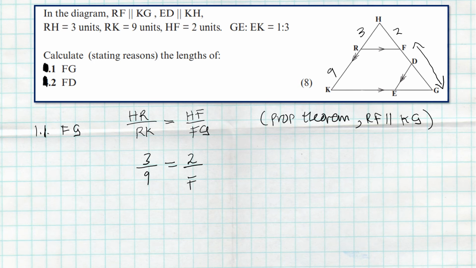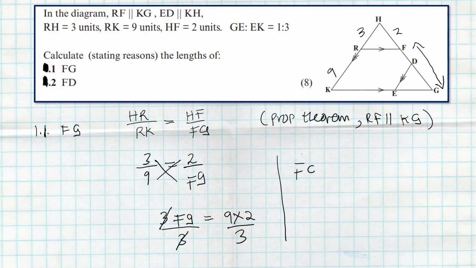Then we can solve for FG by cross multiplying. When you cross multiply, you get 3FG is equal to 9 times 2, then divide by 3. Then FG is 18 divided by 3, which gives you 6 units. Okay, so your FG is 6 units.